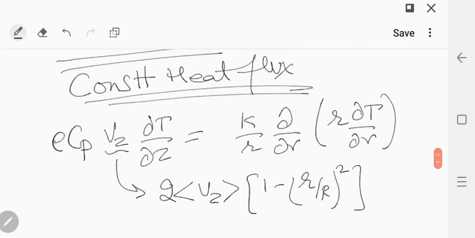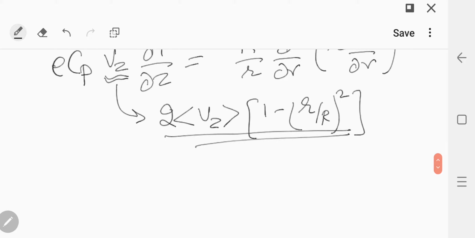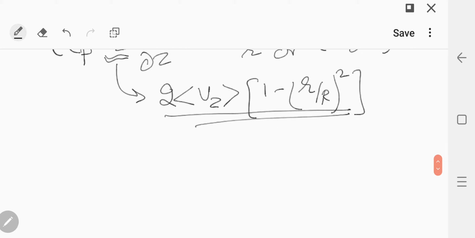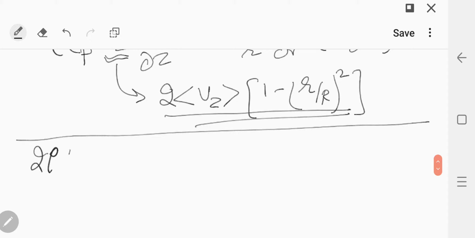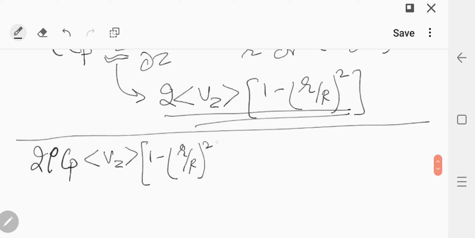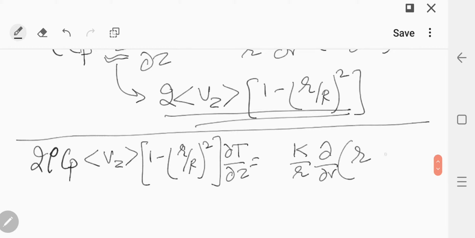Now simply replace this velocity expression by this term. So what we have is 2 rho Cp, average velocity, into 1 minus R by capital R whole square into del T by del Z equal to K by R del by del R of R del T by del R.